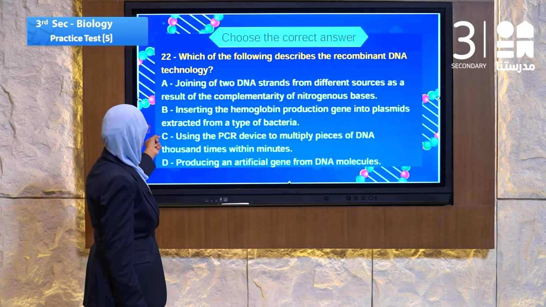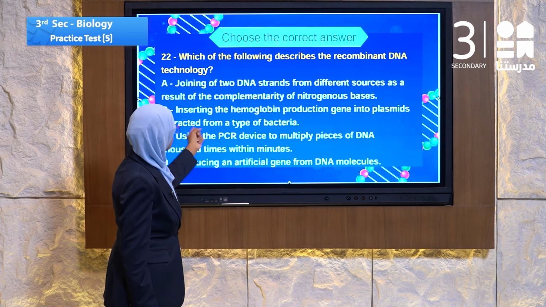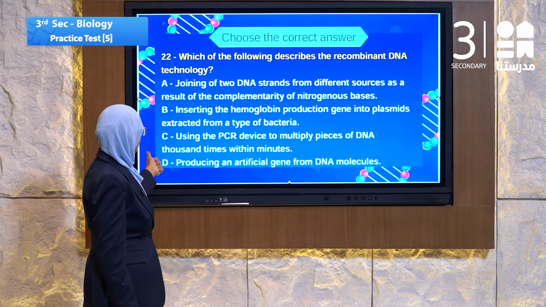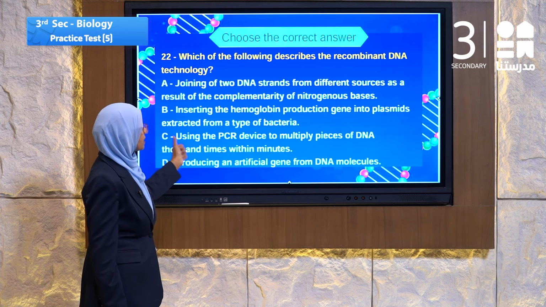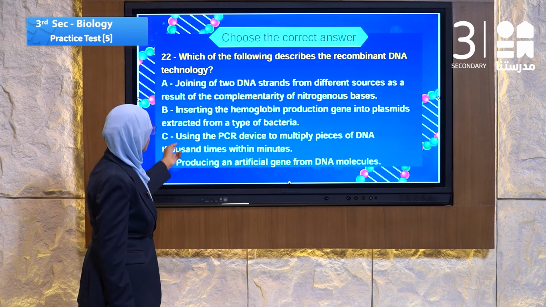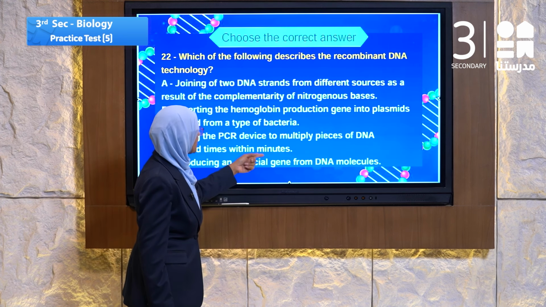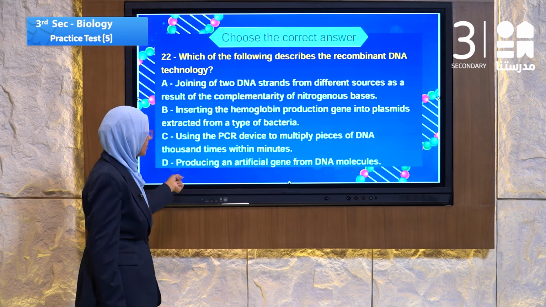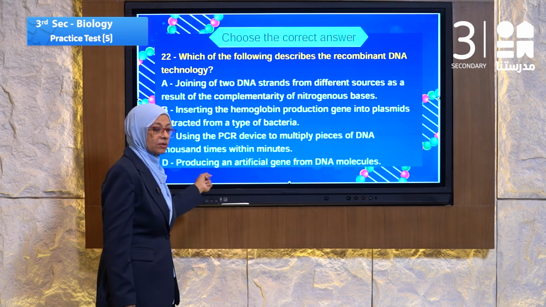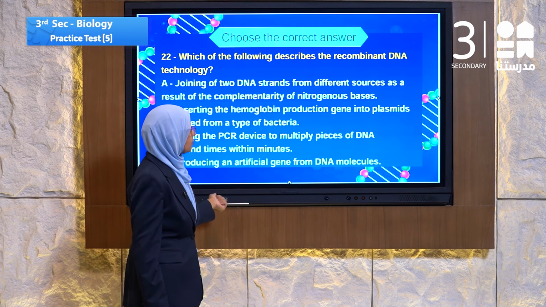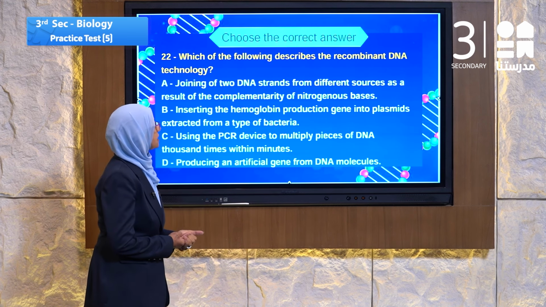B, inserting the hemoglobin production gene into a plasmid extracted from a type of bacteria. C, using a PCR device to multiply a piece of DNA 1,000 times within minutes. D, producing an artificial gene from DNA molecules.